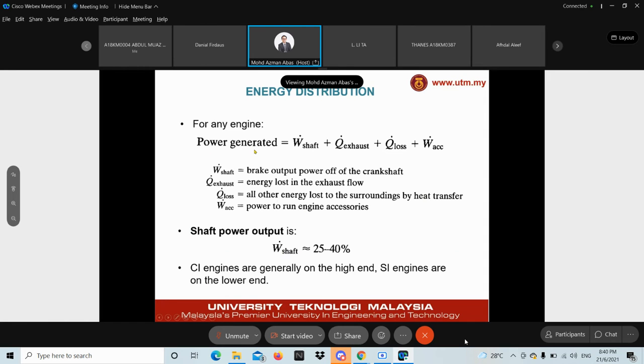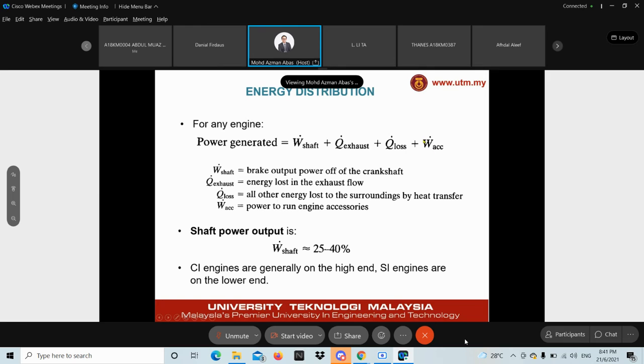So for any engine, the power generated is basically a sum of the total work produced in the crankshaft, energy loss in the exhaust flow, losses to the surroundings, and also not to forget the ancillaries.